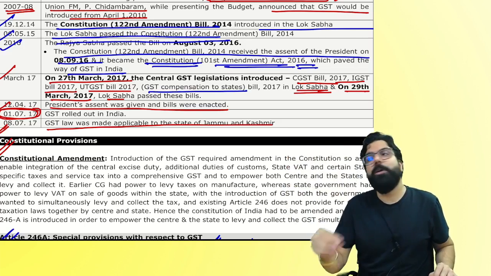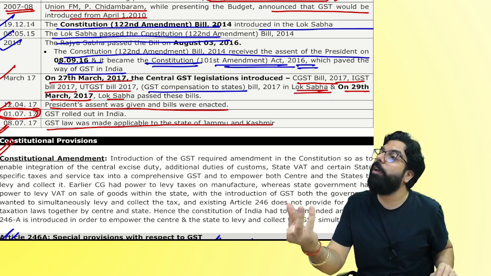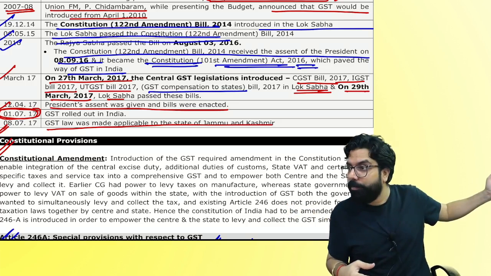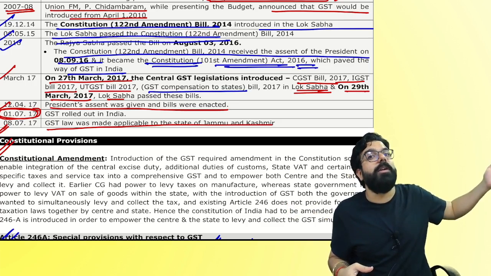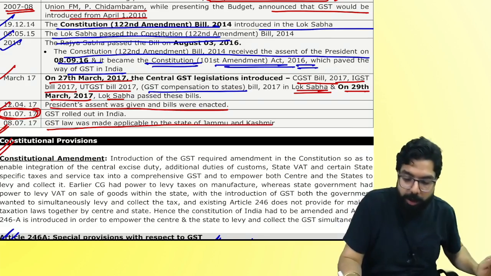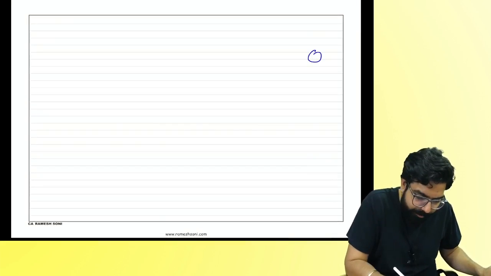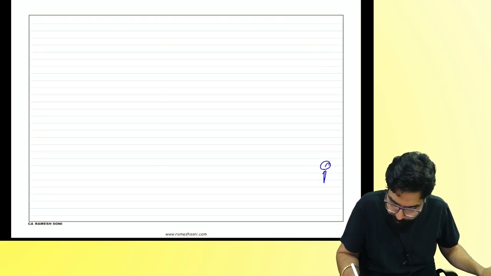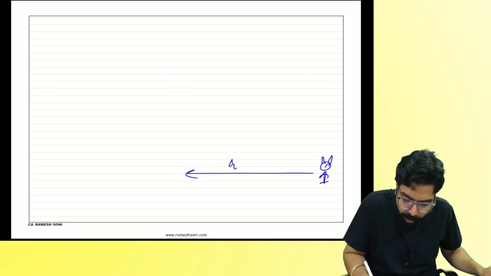Who told? Central. Arey Baba, to compensate you, central government should have money also, no? And money will come from where? Bakra. Customer. So central government started charging customer GST compensation cess. What is government charging to a bakra? This is the bakra. So from him government will collect GST compensation cess.